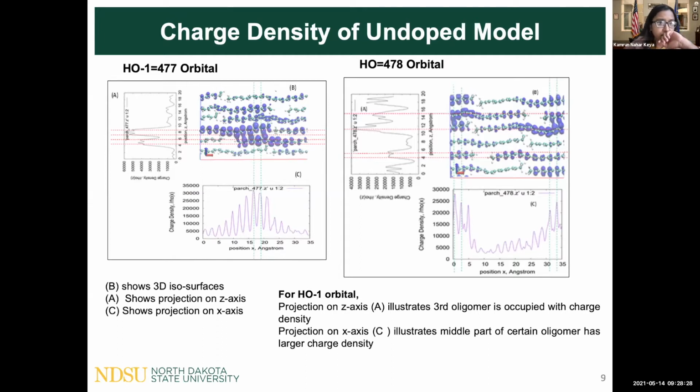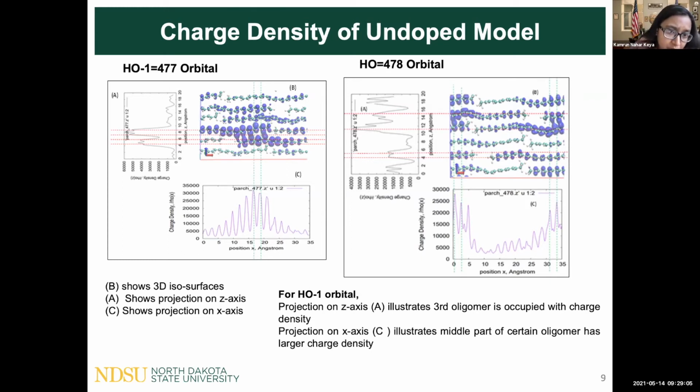Now we are showing the charge density of the undoped model, at two positions, X and Z. In the X position we are able to see a peak, which is because of the electron, as we can see in this box.